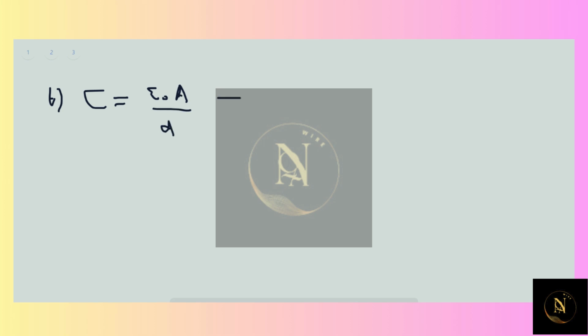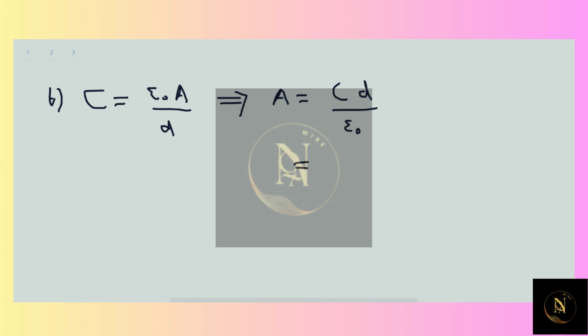From this, we can find the area of the capacitor, which is going to be your capacitance times the distance divided by epsilon naught.